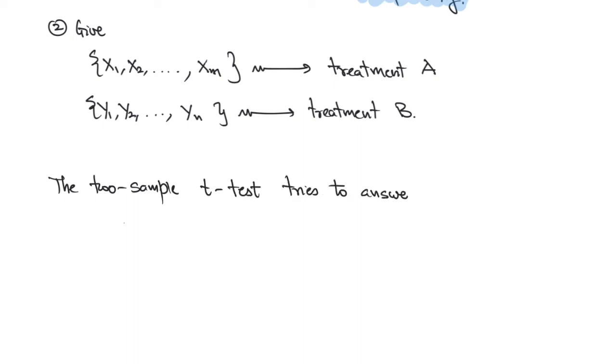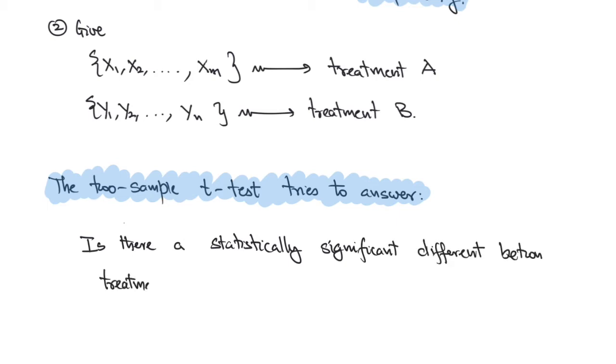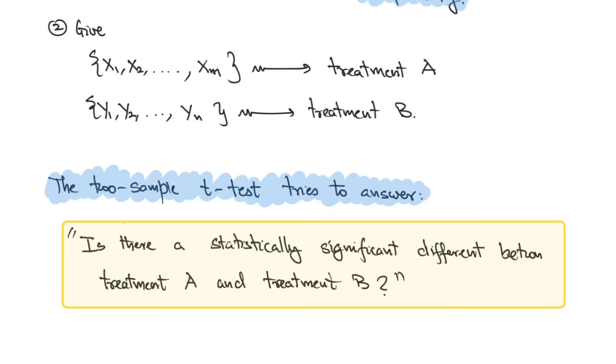The two sample t-test in this context will try to answer the following question. Is there a statistically significant difference between treatment A and treatment B? Alternately, we would be interested in knowing if the difference that has been observed in taking the drug versus taking the placebo was in fact caused by taking the drug.